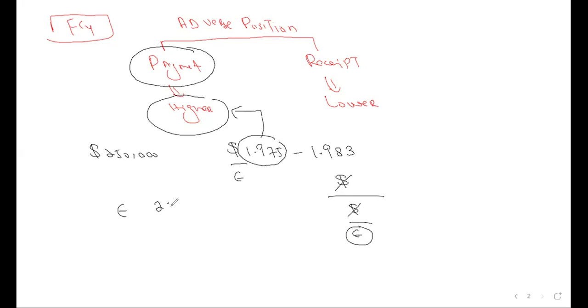So $250,000 divided by 1.975, that was dollar per euro. So you will get your answer. How much? 126,582.